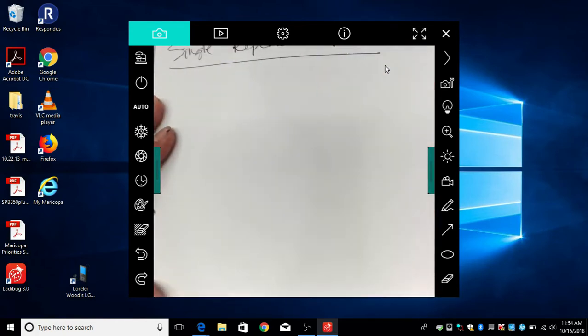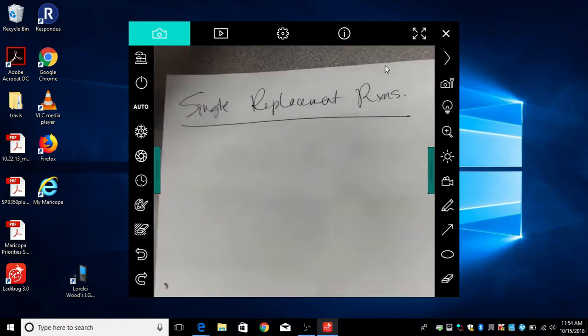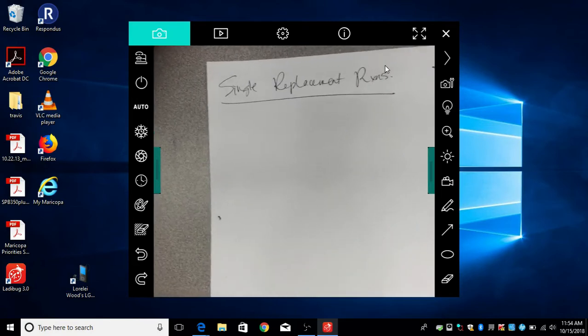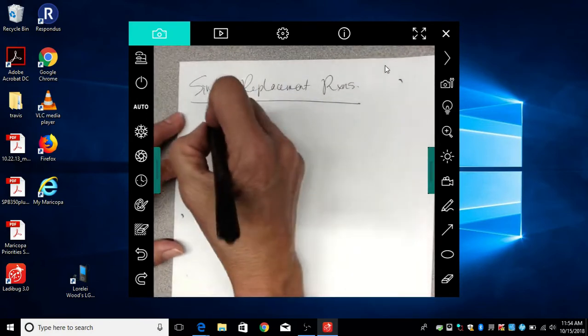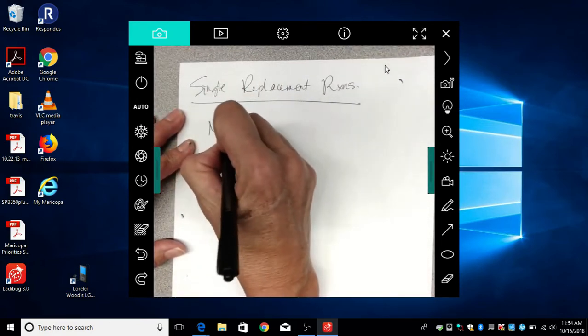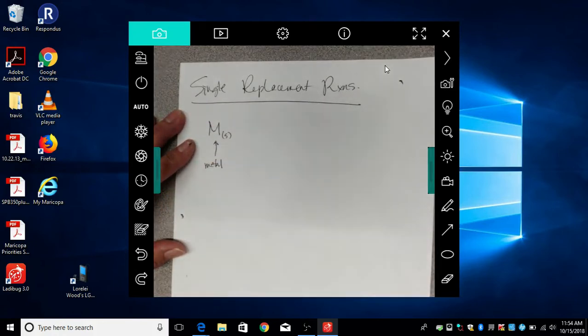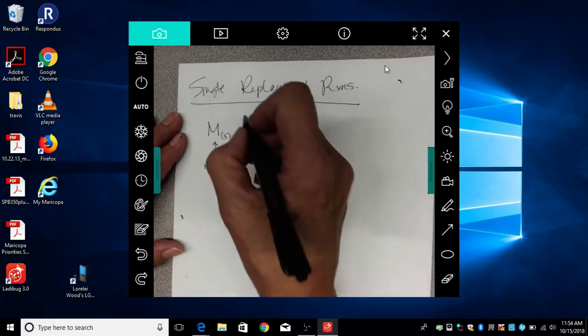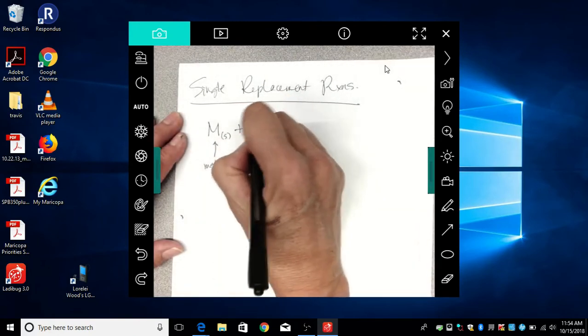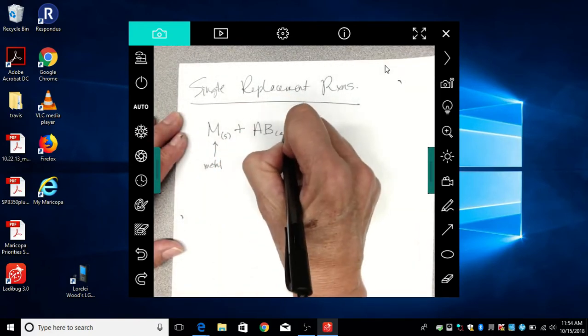All right, single replacement reactions generally involve what we'll call M, solid. That's going to be our metal, right? So something that's on the left-hand side of the periodic table, plus we're going to call AB some aqueous solution.